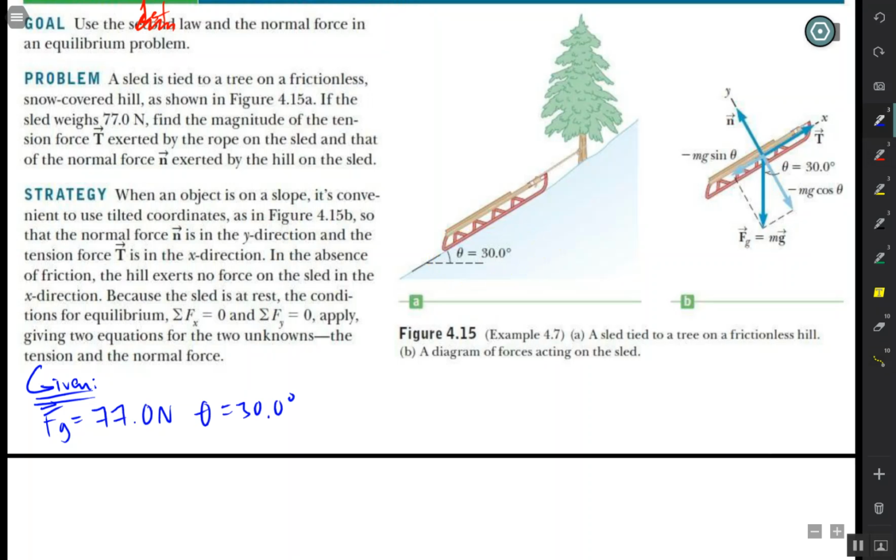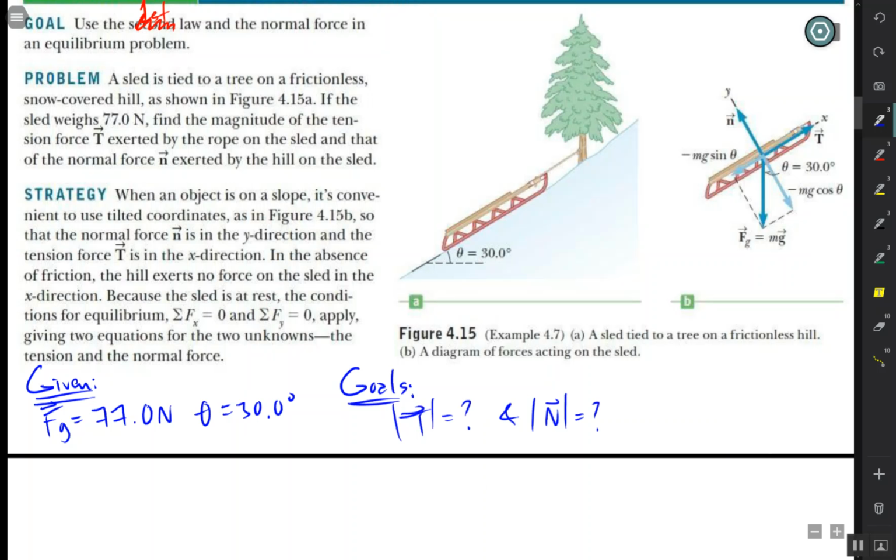We're asked to solve for two things: the magnitude of the tension, and the magnitude also of the normal force. I'm going to use capital N once again.